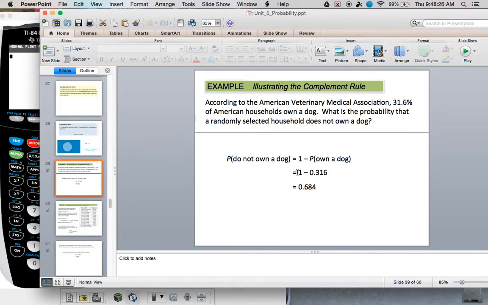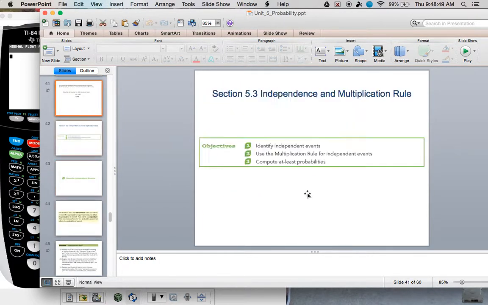Well, here's a perfect example. The probability that you do not own a dog. Well, either you own a dog or you don't. So to find the probability that you don't own a dog, if I knew the probability of having a dog was 0.316, 31.6%, well, if I subtract from 1, the probability of not owning a dog is 68%. So actually more people don't own dogs than own dogs. More examples. And we'll stop there and we'll continue on in the next screencast.